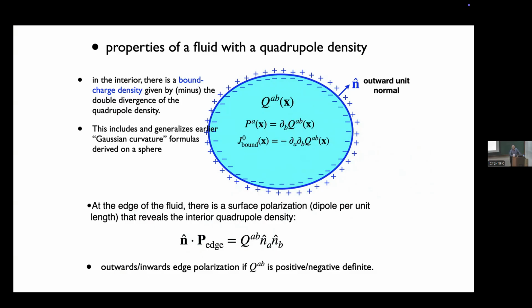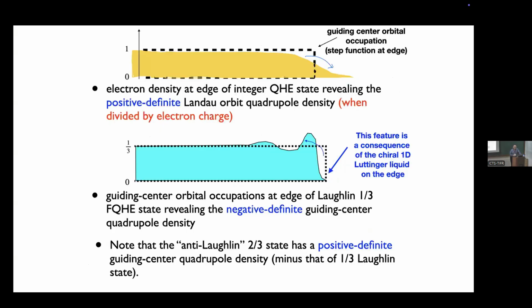Unfortunately, that's ruined by the other effect I said. The Landau level mixing effect also produces dipoles on the edge. So if you allow Landau level mixing, you've lost the bulk boundary correspondence. But if you project completely into a Landau level, you will find there's a bulk boundary correspondence between the quadrupole density and the surface dipole charge density, edge density.